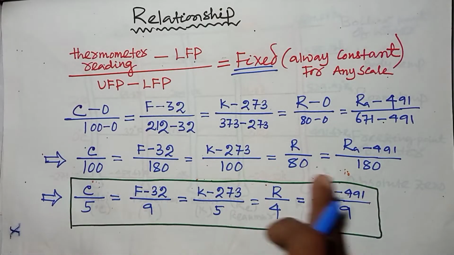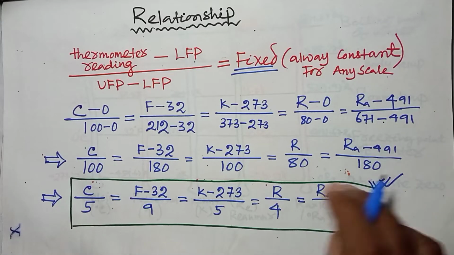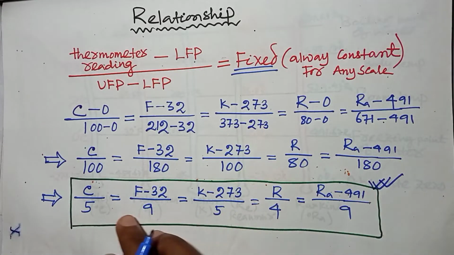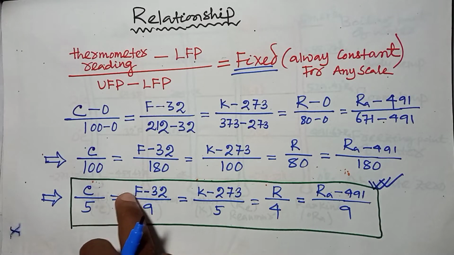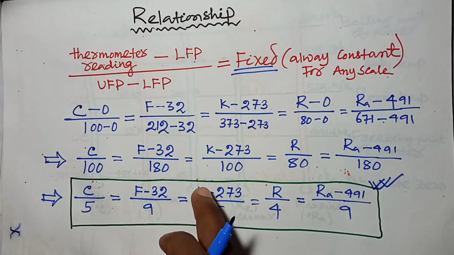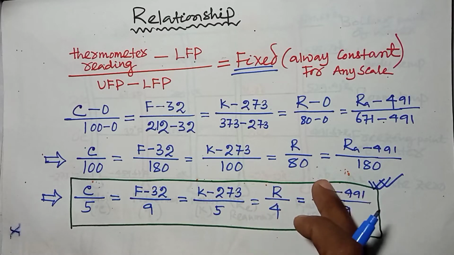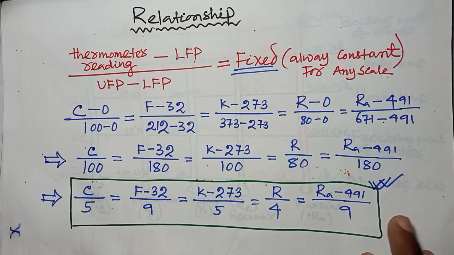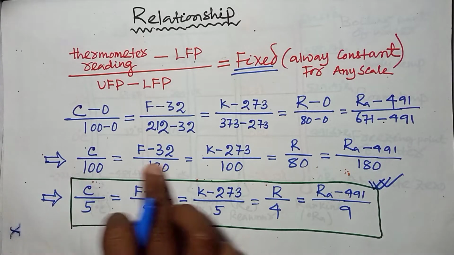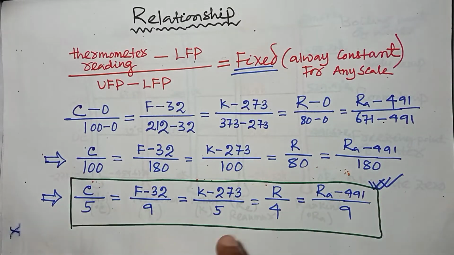This is a very useful relationship among different temperature scales: C upon 5 equals F minus 32 by 9 equals K minus 273 by 5 equals R by 4 equals Ra minus 491 by 9. With the help of this relationship we can convert a particular temperature from one scale to another scale.